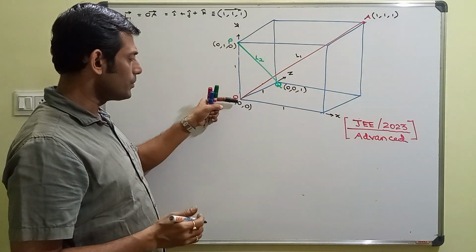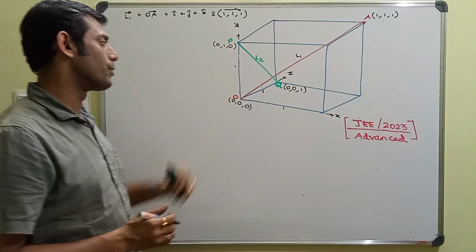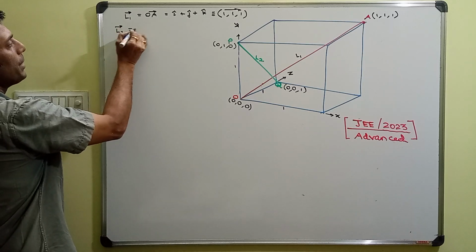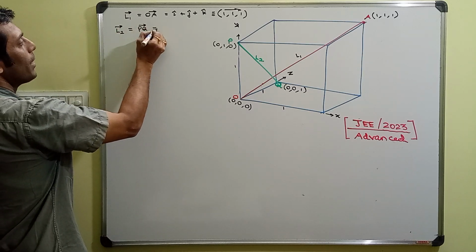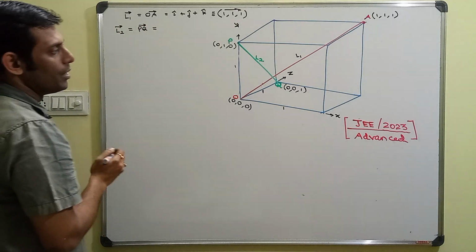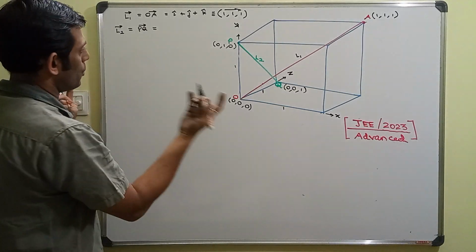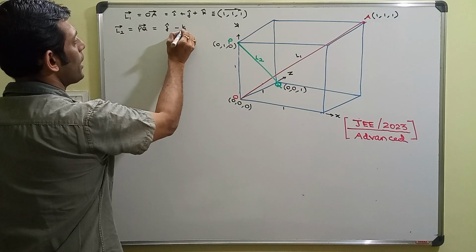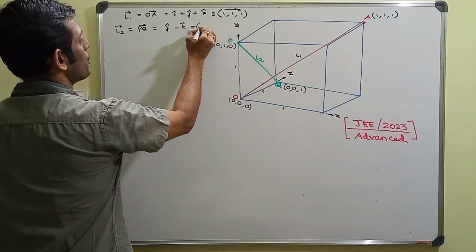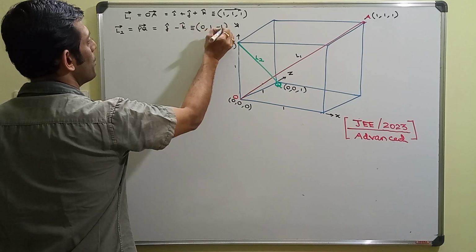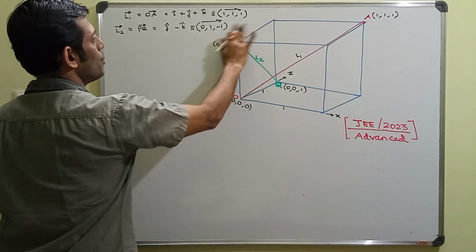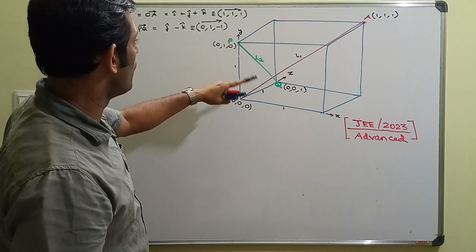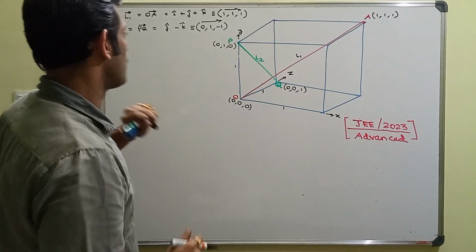So therefore your L2 vector can be defined as the PQ vector, which can be taken as 0 minus 0 i cap plus j cap and minus k cap, and that is equivalent to 0, 1, minus 1 as a vector.